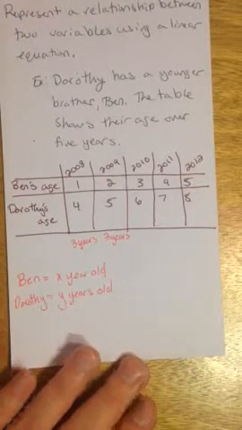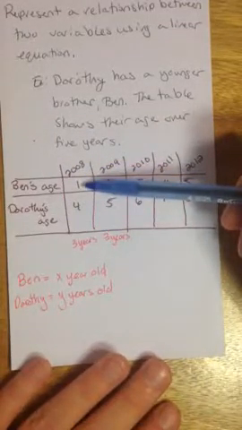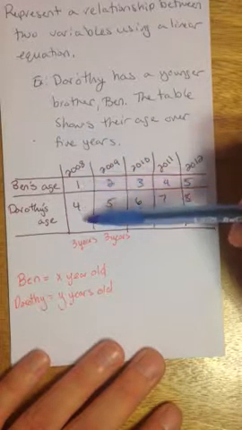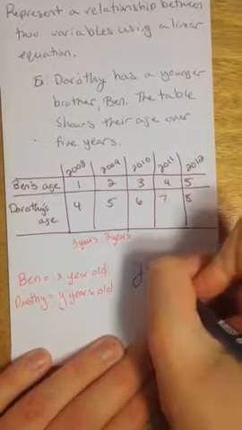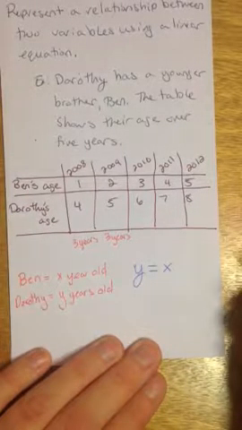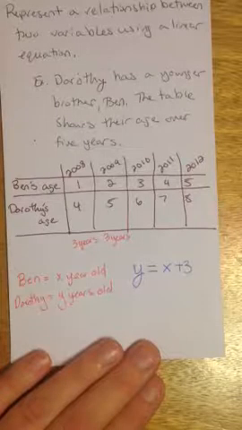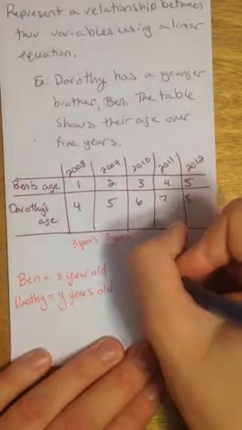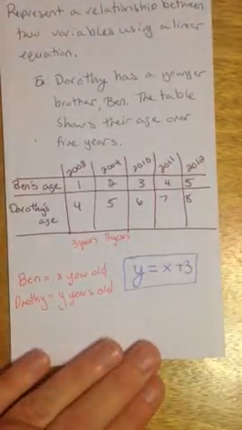So what I might say is, well, I know that whatever Ben's age is, I'm going to add 3 years to get Dorothy's age. So I'm going to say Dorothy is, or equals, whatever Ben's age is, which is X, plus 3 more years. So this would be one way that I could represent Ben's age according to Dorothy's age.